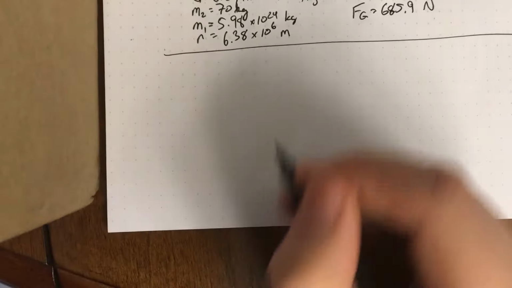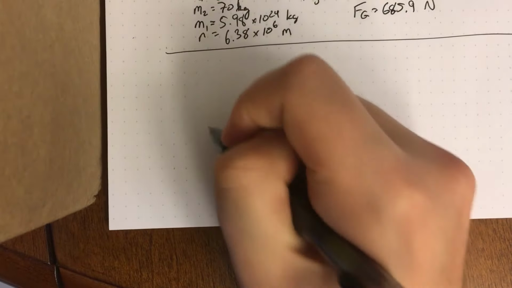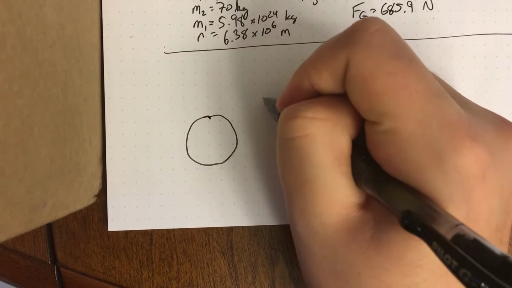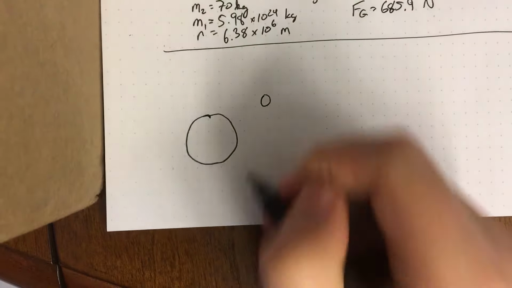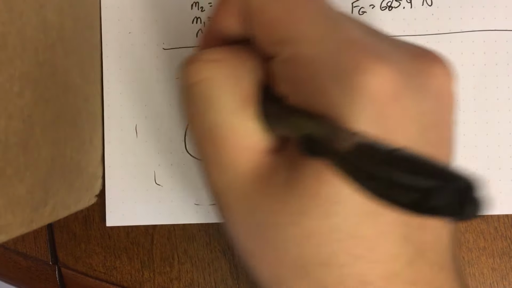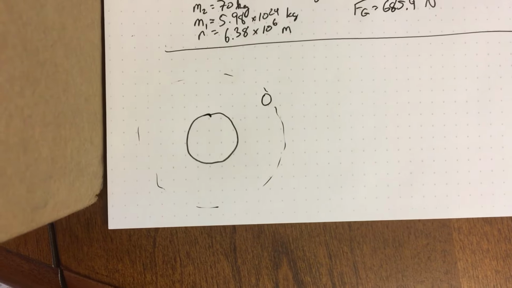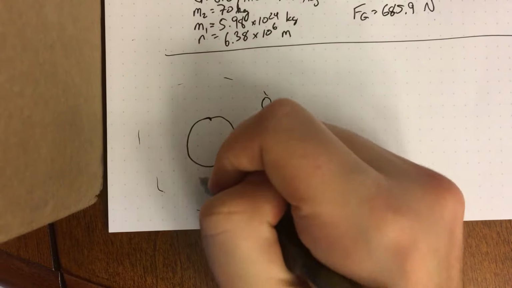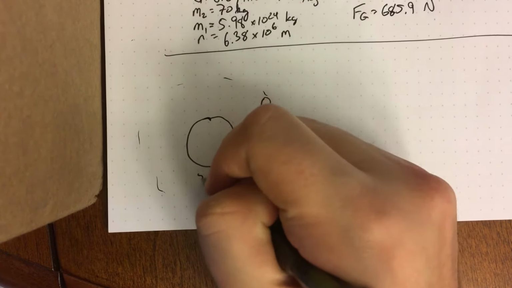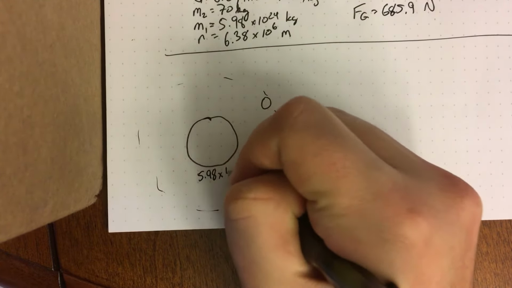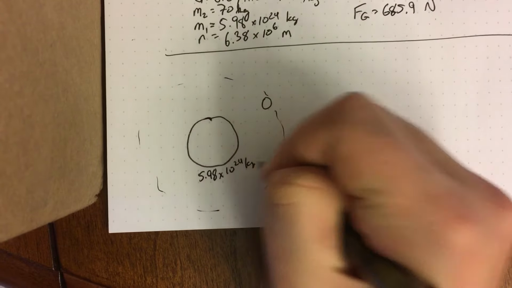So we'll talk about the force of gravity between the Earth and the Moon. So there's my moon going around my Earth. I would have to tell you these things, but it turns out that the mass of the Earth is 5.98 times 10 to the 24th kilograms, like we just said.